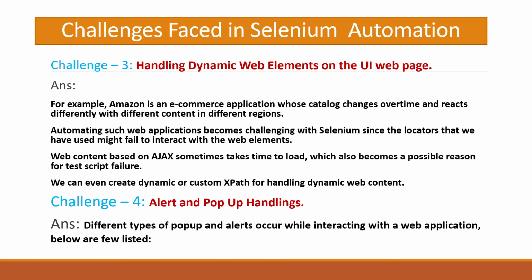So that web element is not constant. In the UI web page, all the web elements keep on changing. During this time it is very difficult to write XPaths depending upon the UI web page.